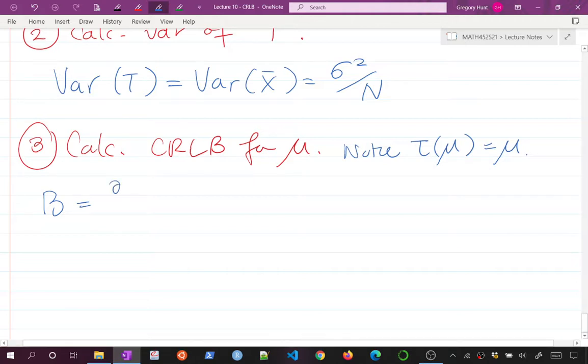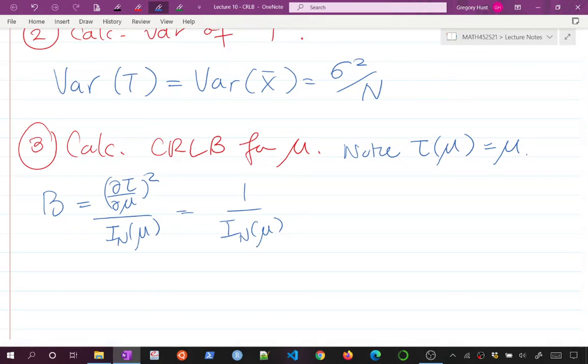And so in this case, you could write our bound as d tau d mu squared over the information for mu. But d tau d mu is just 1, because if you take a derivative of this thing, it's just 1. So in the case where we have an identity function, as I said, the two versions of the Cramer-Rao lower bound converge. They give the same answer. So we just need our information, then invert it.